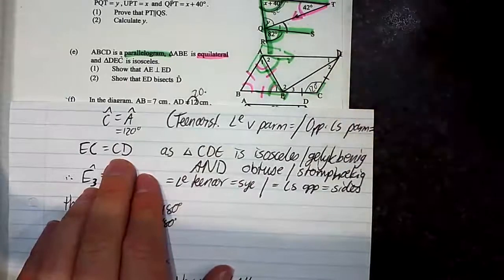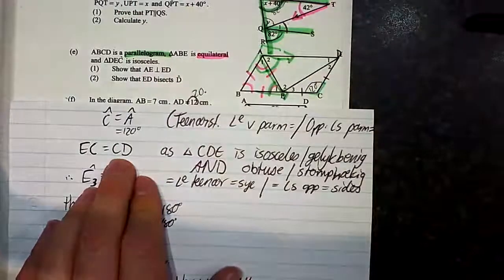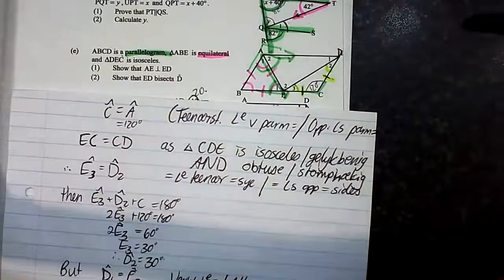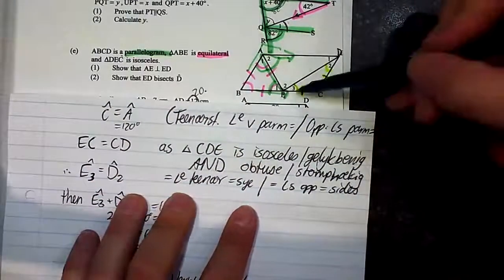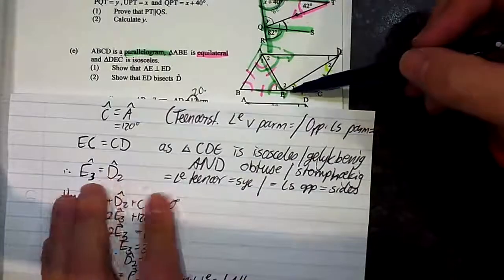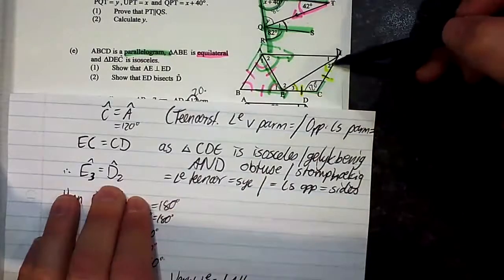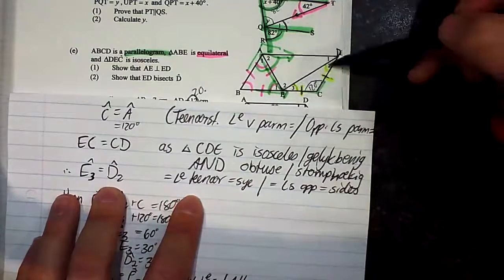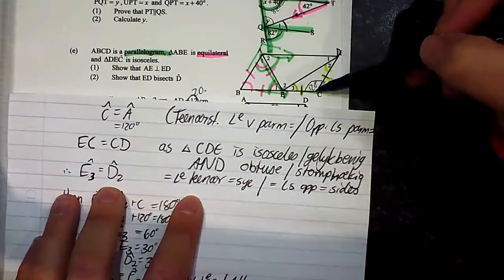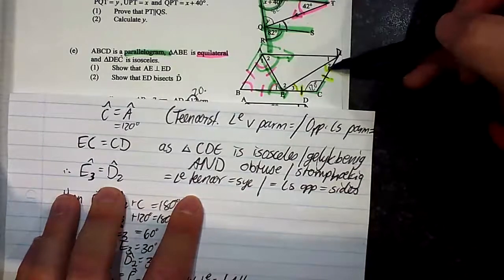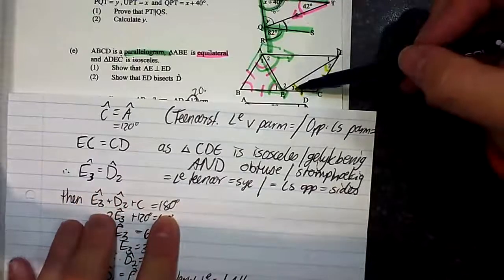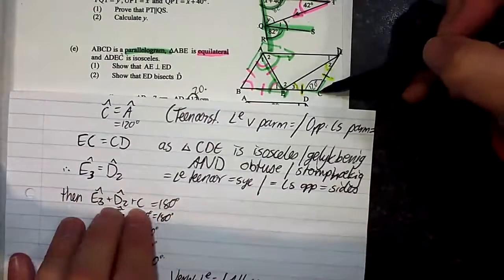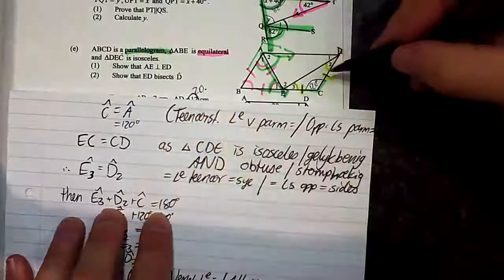And if they are equal, what do we know? Let me use another color. As hulle gelyk is, dan weet ons daai teenoorstaande hoeke is gelyk. Equal angles opposite equal sides. So E3 is equal to D2. And now that we know that those two are equal and we have this one, we can calculate the value thereof. E3 plus D2 plus angle C is equal to 180 degrees.